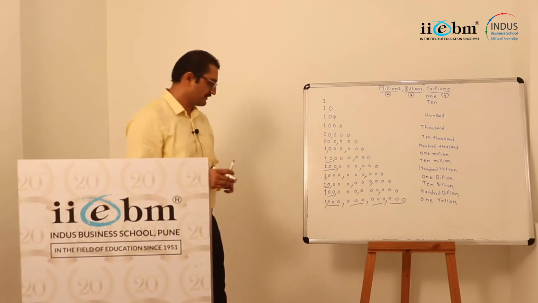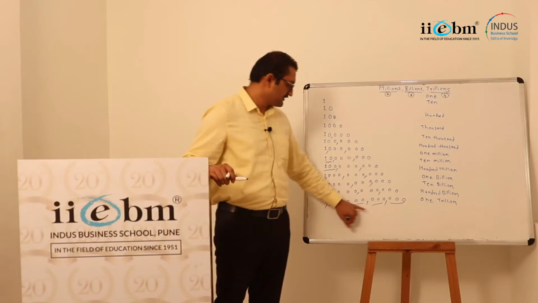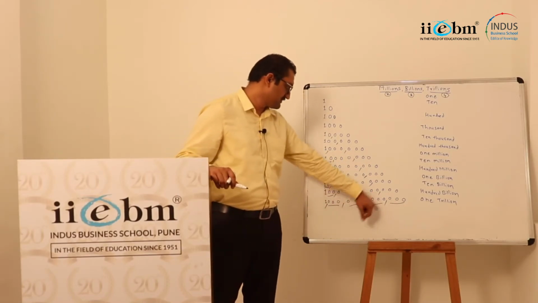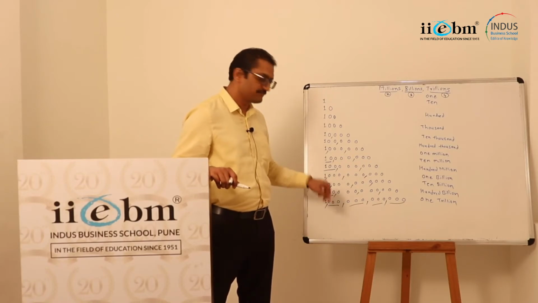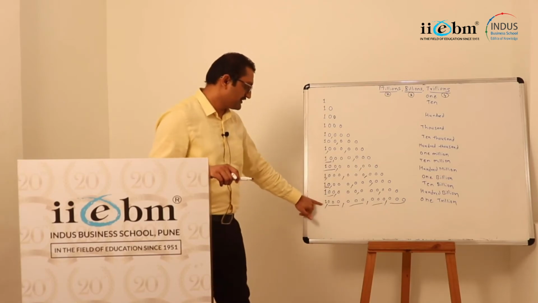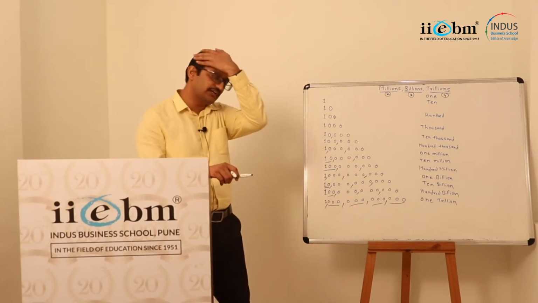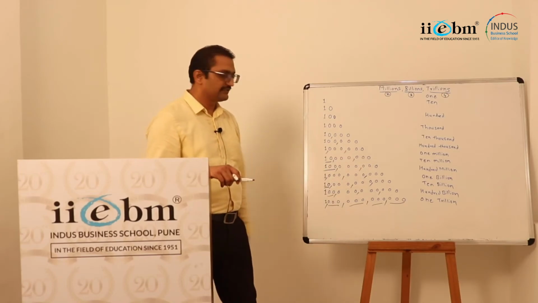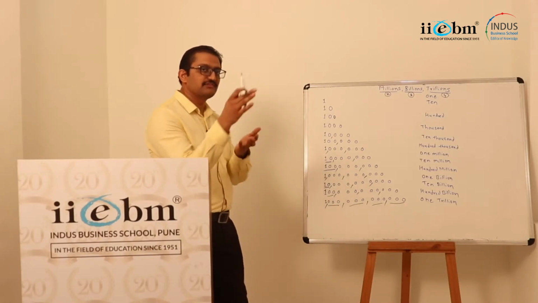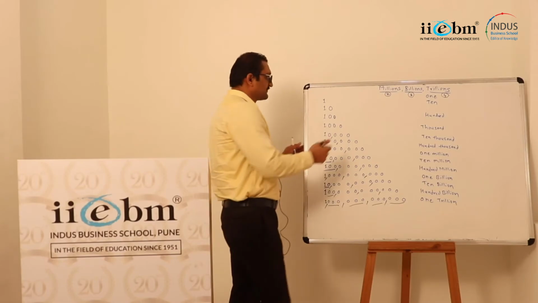As we can see in this number, we have 4 groups of 3 digits. So we have 4 periods or 4 commas, so the number is in trillions. How many trillion? 1 trillion. If we add one more 0 to 1 trillion, it will become 10 trillion, and as we go on adding 0s, we will have the other numbers.